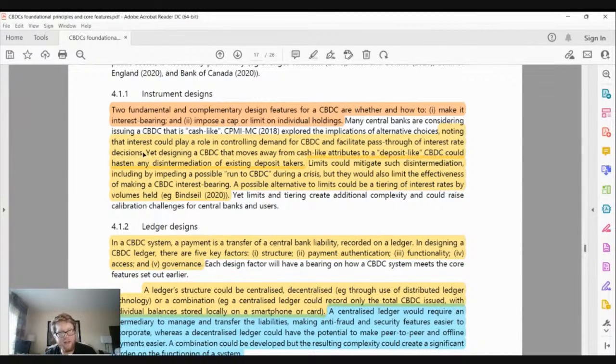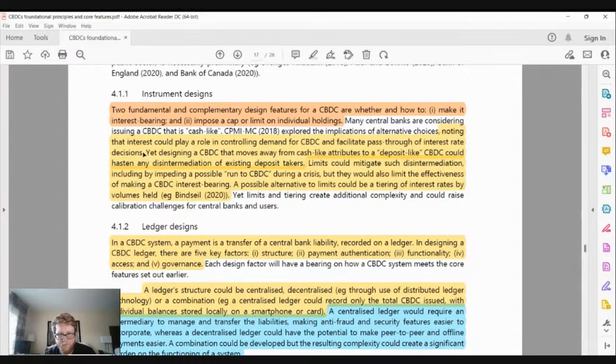Say they want to stimulate or do some form of UBI, universal basic income. Instead of doing a paycheck, maybe they increase the interest rate on the CBDC that individuals hold. So individuals would gain interest from their currency itself rather than having their deposits in the bank and the bank having to pay them.